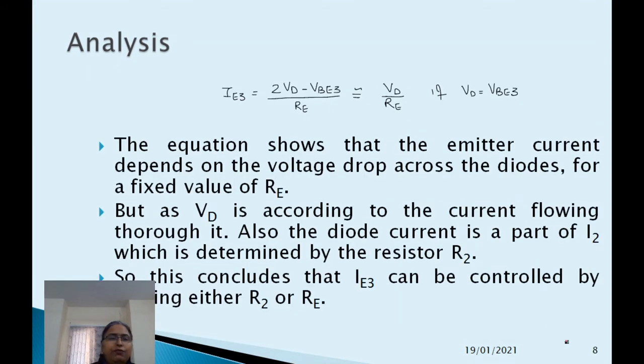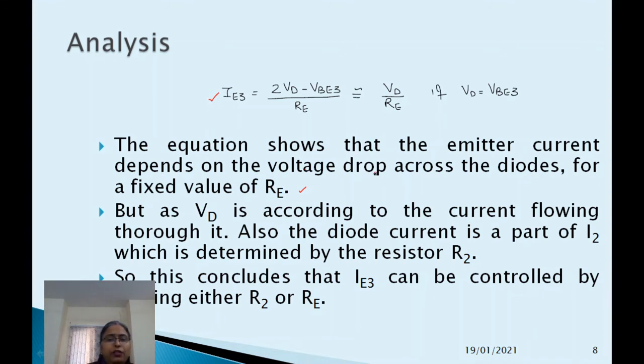So the analysis from this equation is that IE3 is equal to 2VD minus VBE3 upon RE. This equation shows that the emitter current depends upon the voltage drop across the diodes for a fixed value of RE. But VD depends on the current flowing through the diode, so VD is also directly proportional to that.